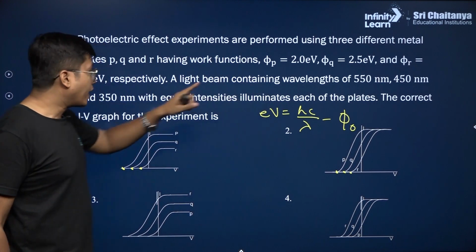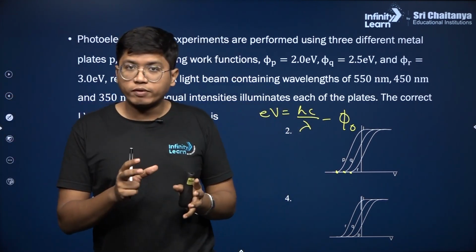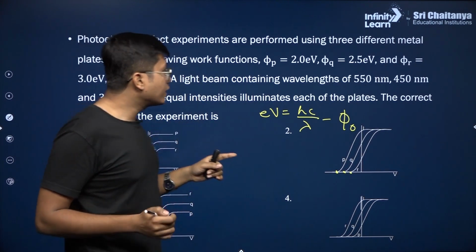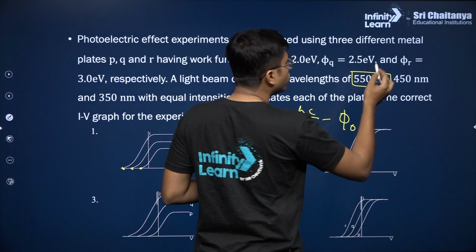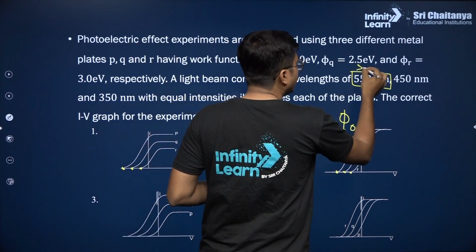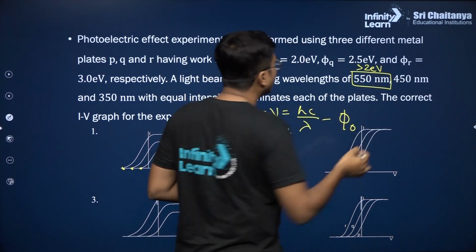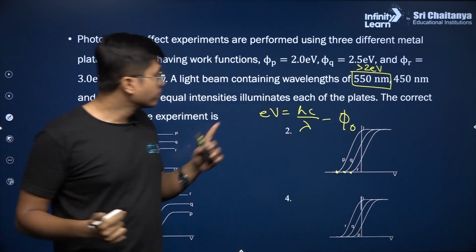If you use this hc by lambda, this gives you the energy of that light wave. You will see that this 550 nanometer is going to give you energy a little greater than 2 electron volts but less than 2.5.